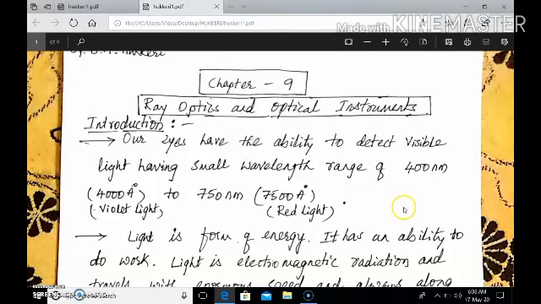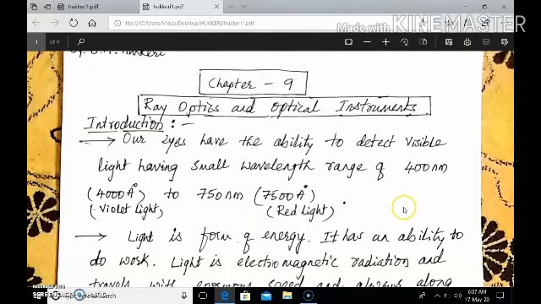In the introductory part of ray optics and optical instruments, our eyes have the ability to detect visible light having a small wavelength range of 400 nanometer or 4000 angstrom unit for violet light to 750 nanometer or 7500 angstrom unit for red color.